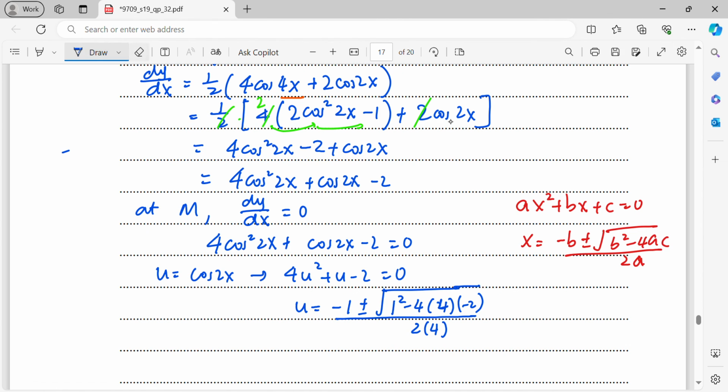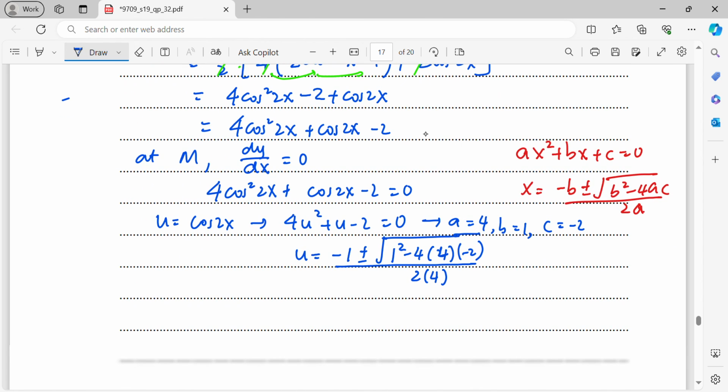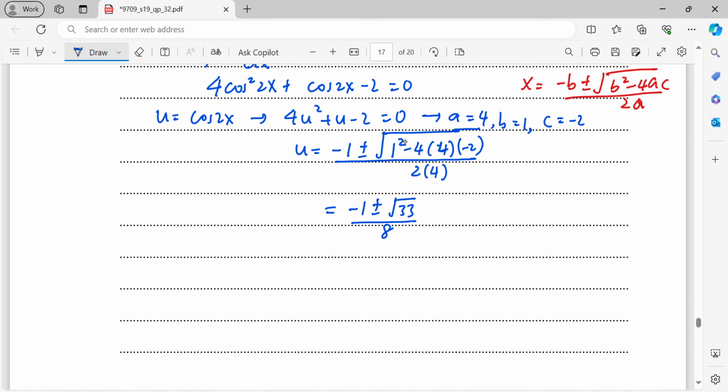Probably I will just write down my a is 4, my b is 1, and my c is minus 2. Then from here, you will be getting u equals minus 1 plus minus square root of 33 over 8.